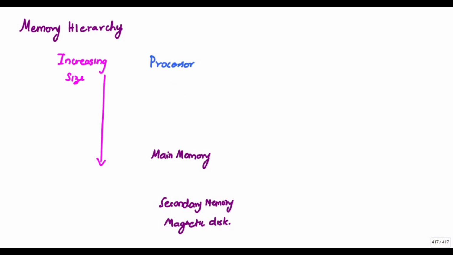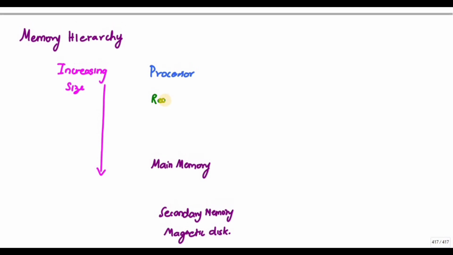So inside the processor I have registers. This is called the processor register. And I have a cache, cache memory. So it is classified into L1, L2, and L3.